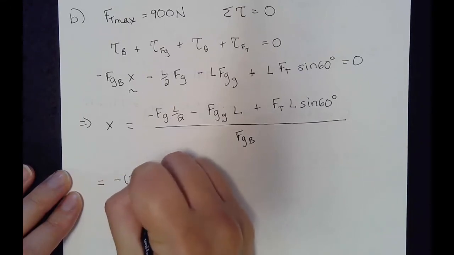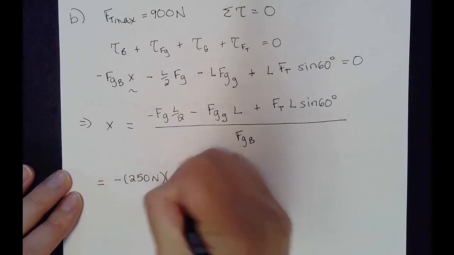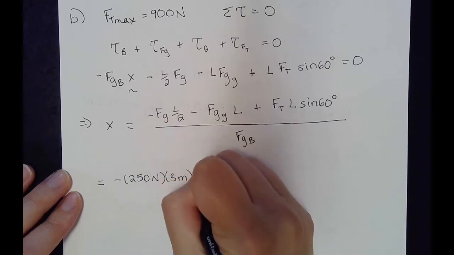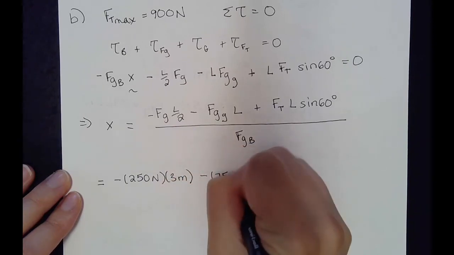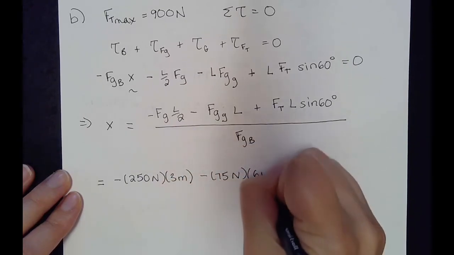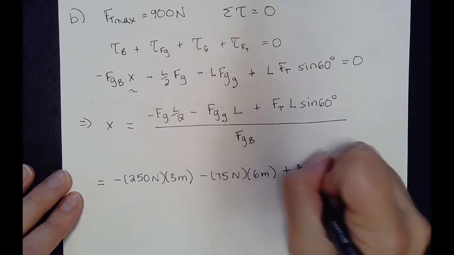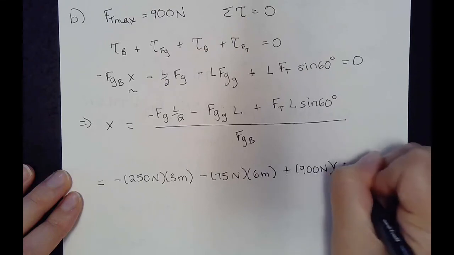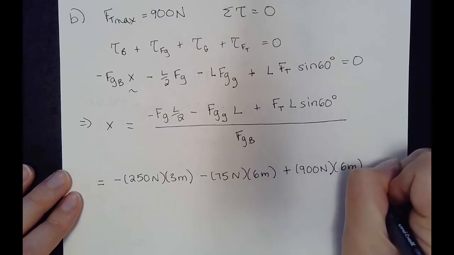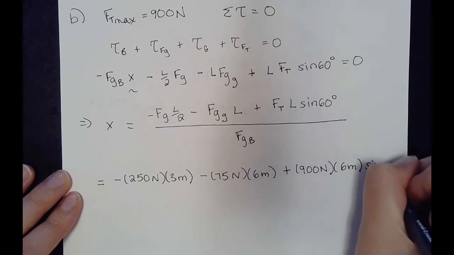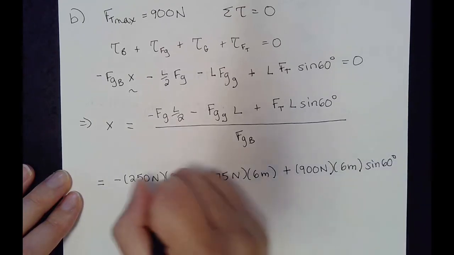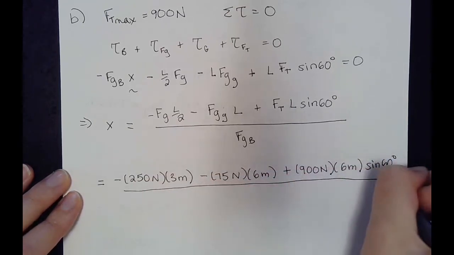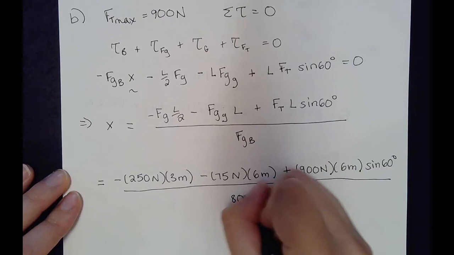Negative 250 newtons times 3 meters minus 75 newtons times 6 meters plus this maximum tension 900 newtons times 6 meters sine 60 over 800 newtons.